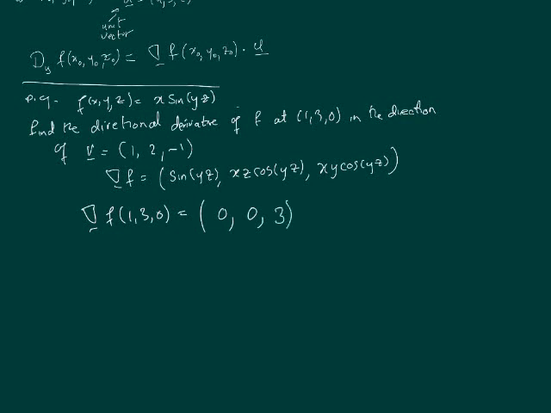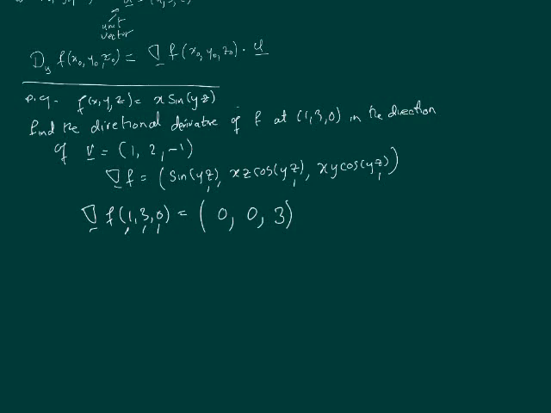Remember here, this is x, y, and z, so you have to substitute them carefully. See here, all of these are z's, and that means you have cosine 0 and sine 0, essentially. Okay, so just to help you understand how I got the (0, 0, 3).